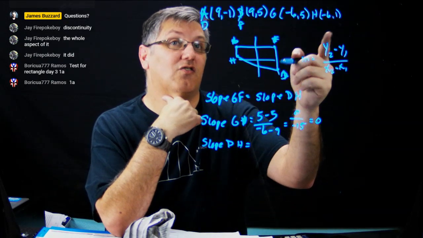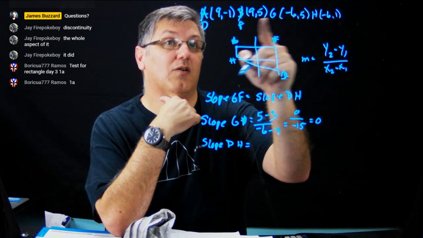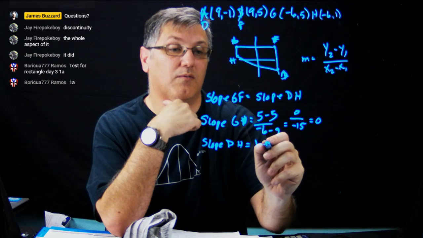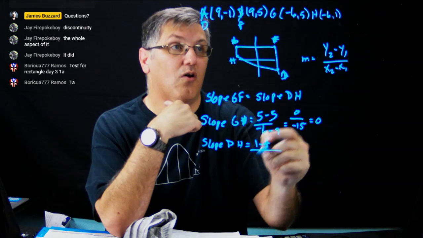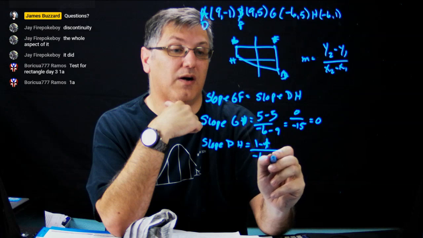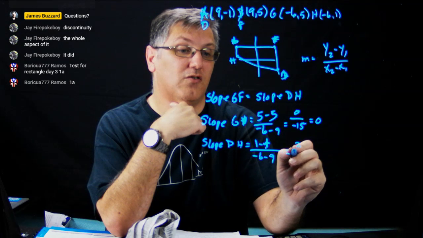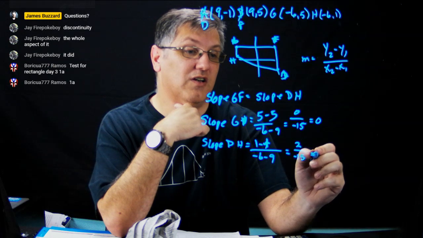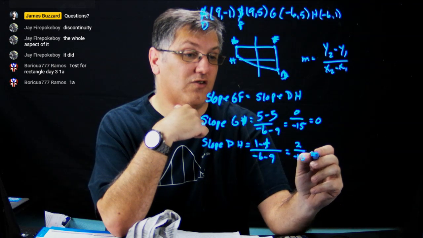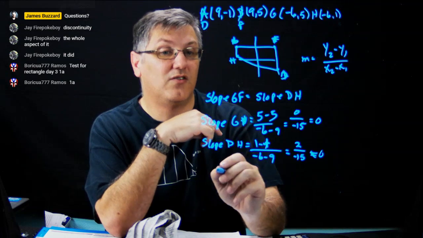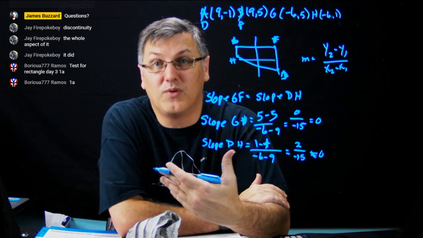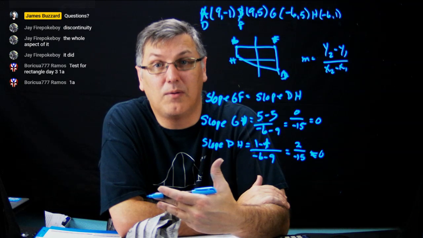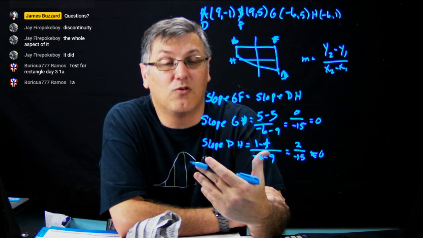So DH is going to be 1 minus a negative 1 over negative 6 minus 9. This gives me 2 over negative 15, which does not equal 0. So since these slopes are not congruent, it cannot be a parallelogram, and since it can't be a parallelogram, it would not be a rectangle.